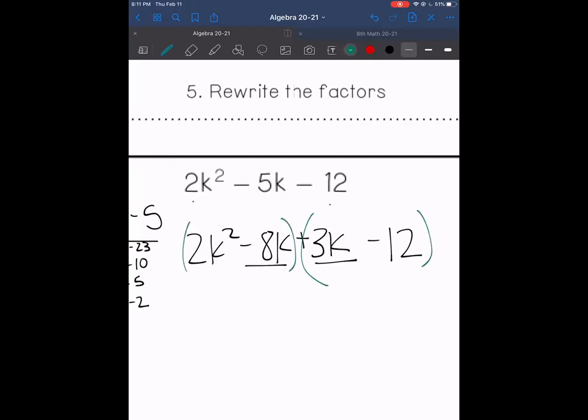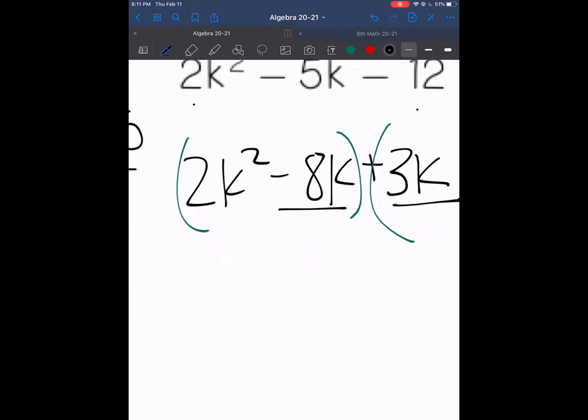Group. All right. What is our greatest common factor? Well, 2 can go into both of them, and they both have a k. So we have 2k coming out. 2k squared divided by 2k leaves me with k minus 4.